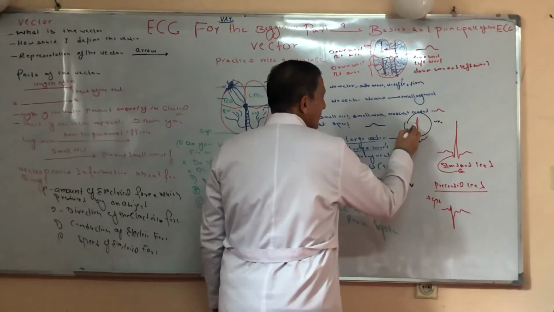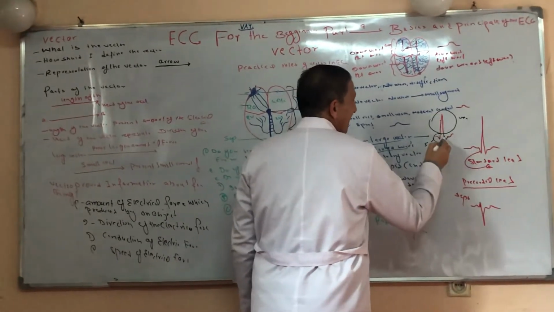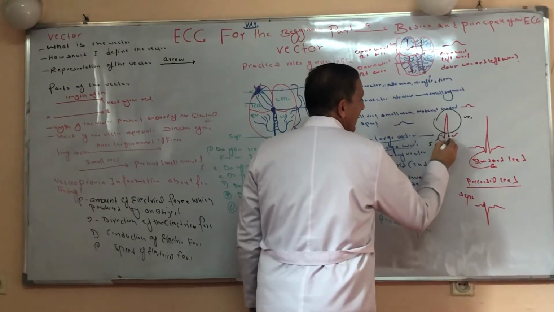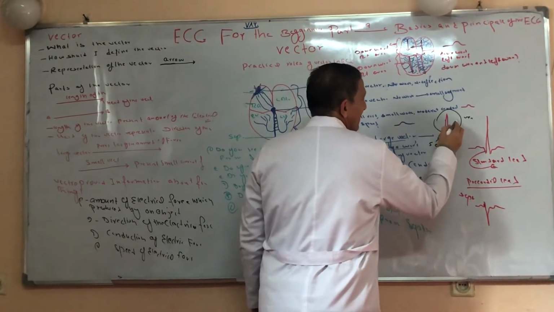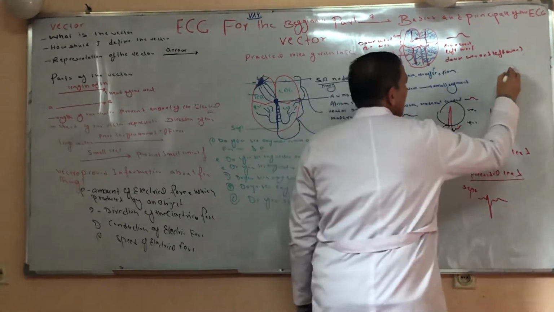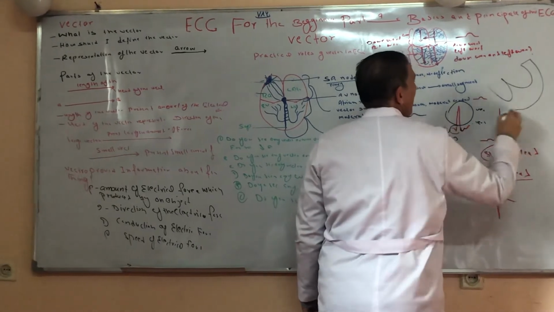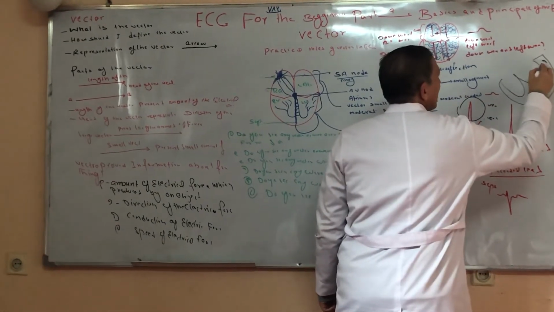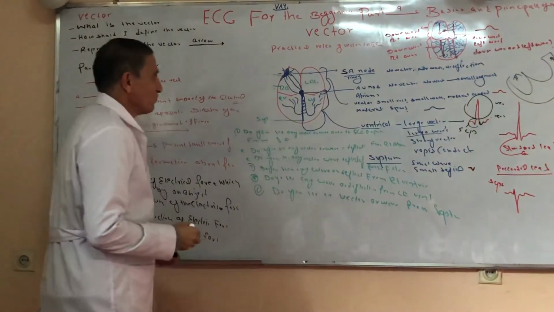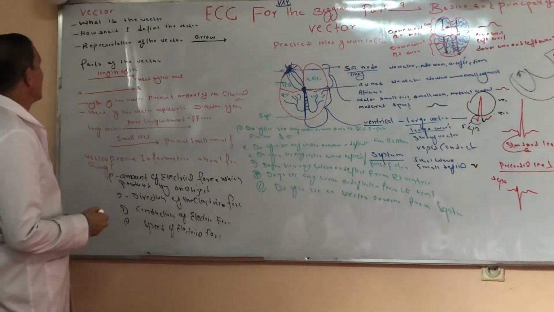This R wave represents the major part of the ventricular depolarization, and this is RSR, and this also represents basal depolarization, like this. This is the basal ventricular depolarization. So what else?